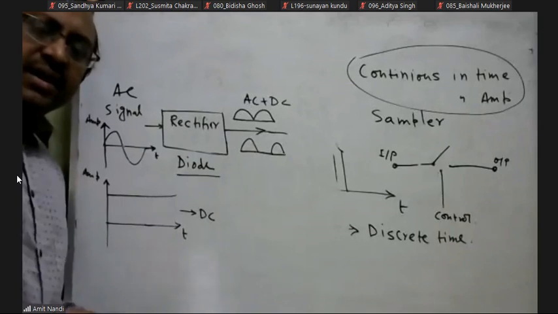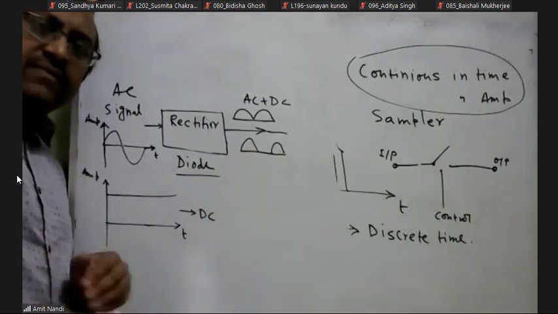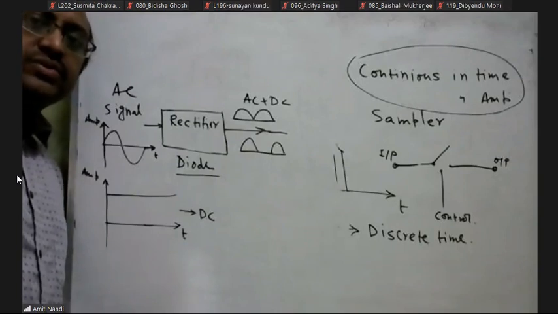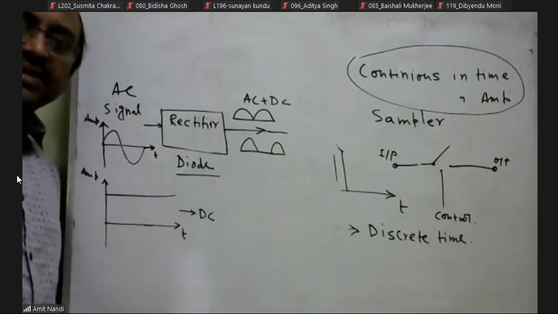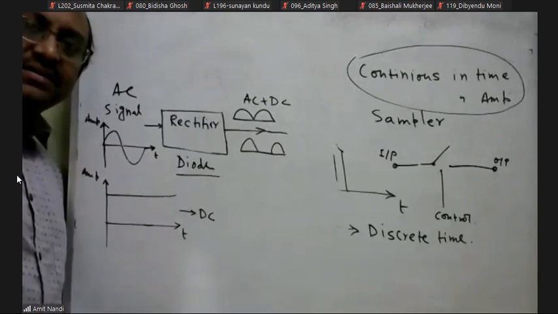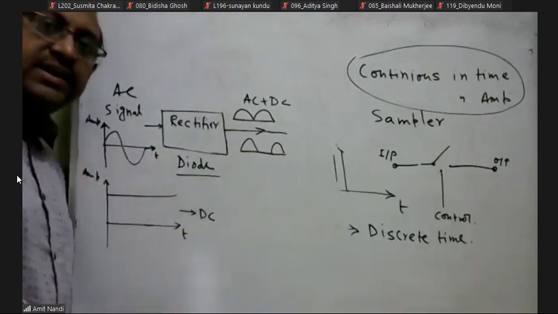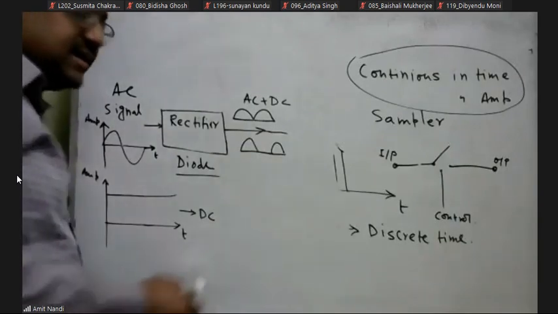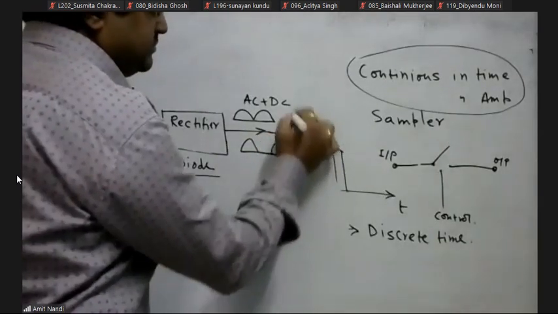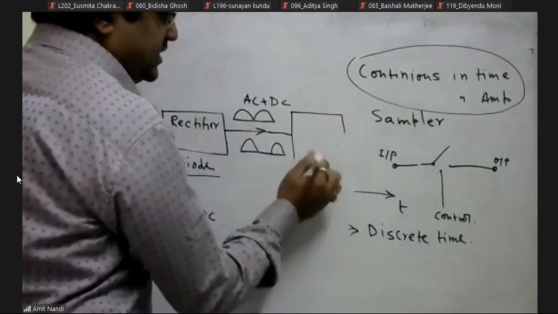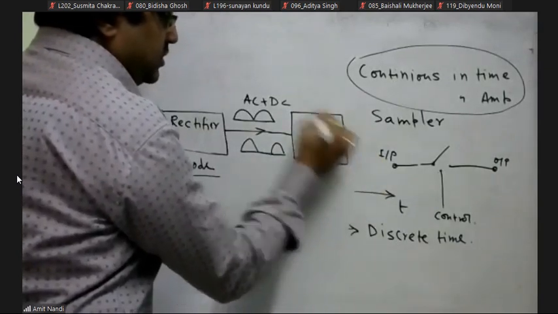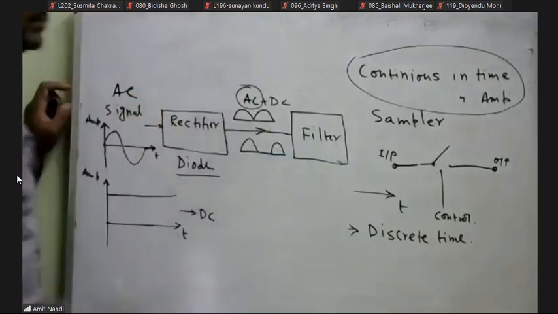So obviously, if we need to convert to a pure DC signal, then we need to use a filter. By using the filter, we can filter out this AC component. So the next circuit that is required is the filter.